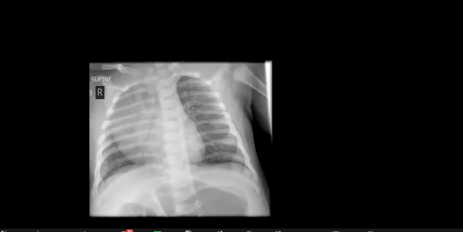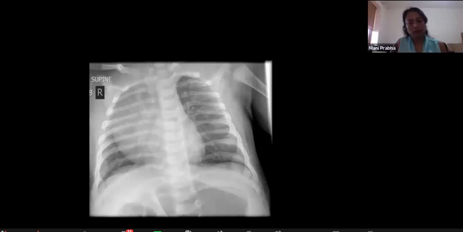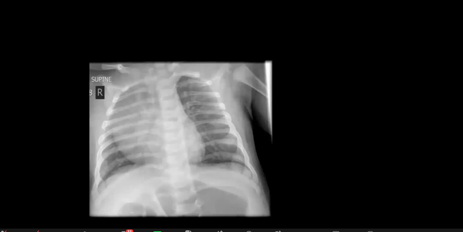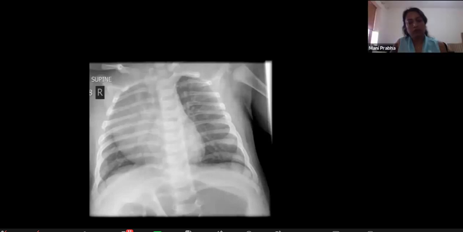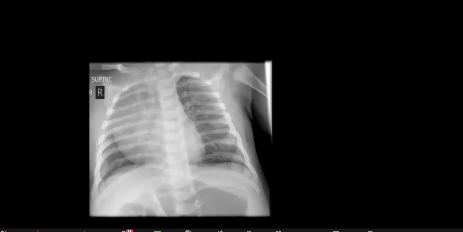Sure. It's a frontal chest radiograph of a neonate, which is demonstrating a large opacification centered over the right hemithorax, sparing the right costophrenic angle.